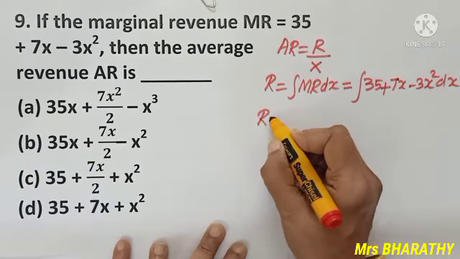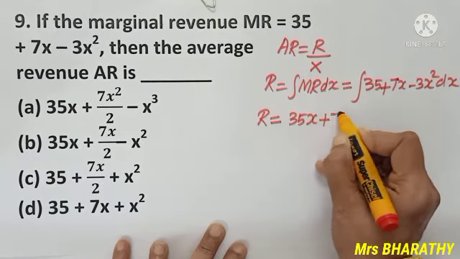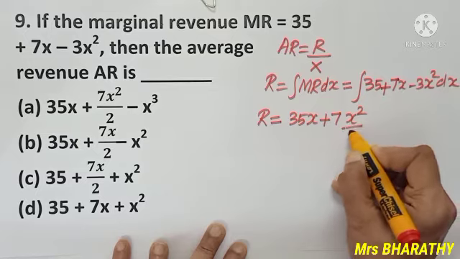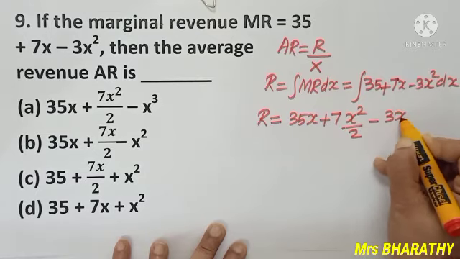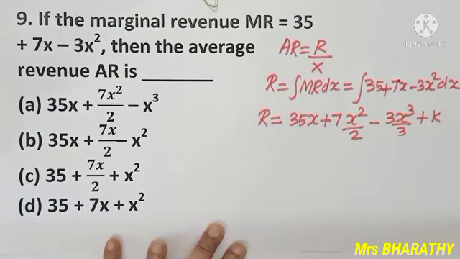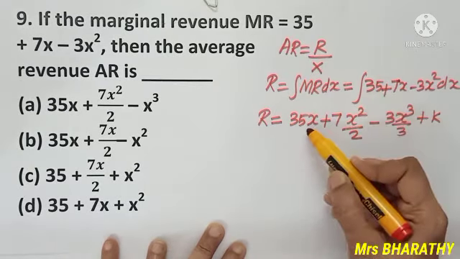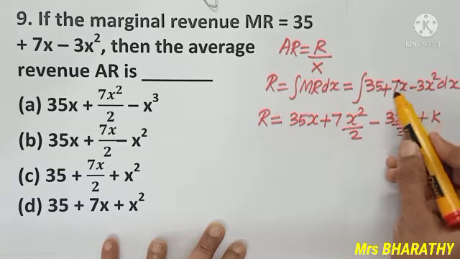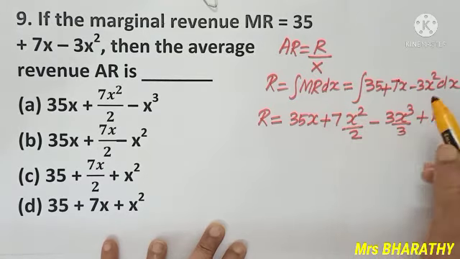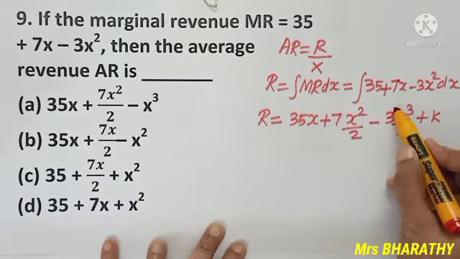As we try to integrate, R equals 35x plus 7x square by 2 minus 3x cube by 3 plus a constant k. 35 constant will become into x. 7x will become x square by 2. 3x square will become x cube by 3.